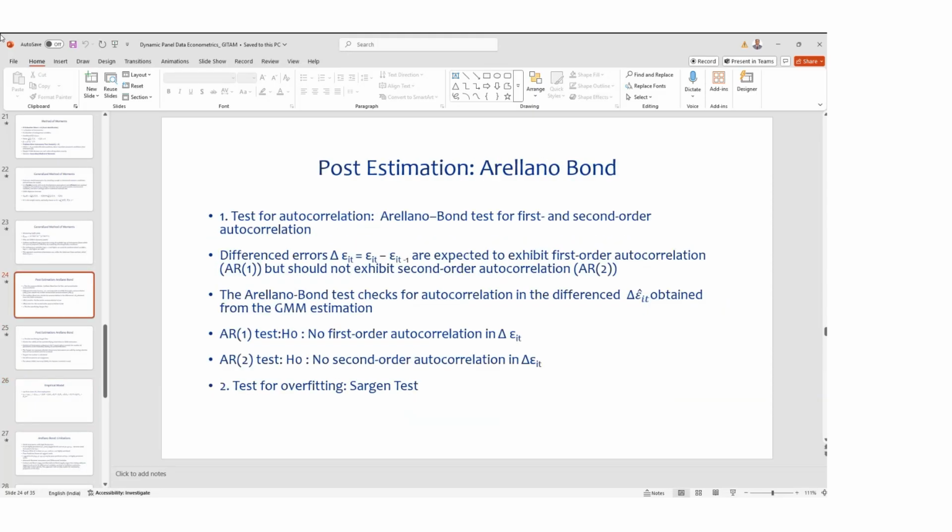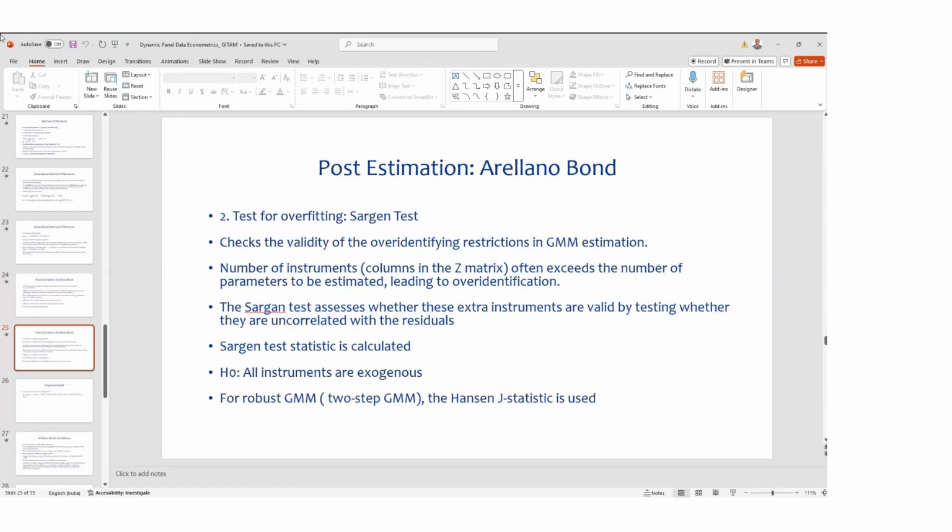Once you estimate Arellano-Bond, our objective was to remove autocorrelation as well as the endogeneity issues. Endogeneity issues lead to overfitting, right? Autocorrelation brings down your estimates.